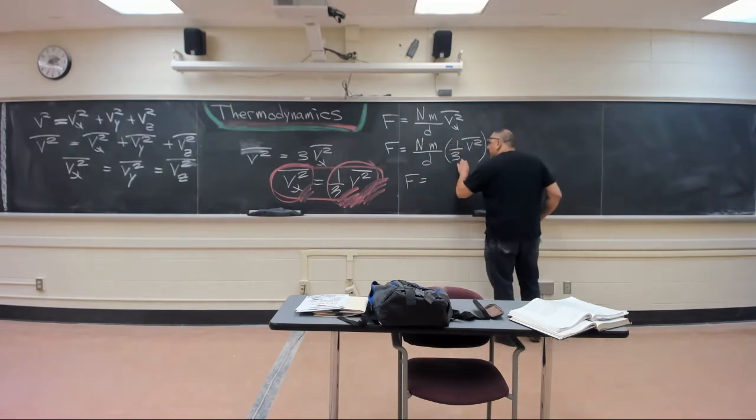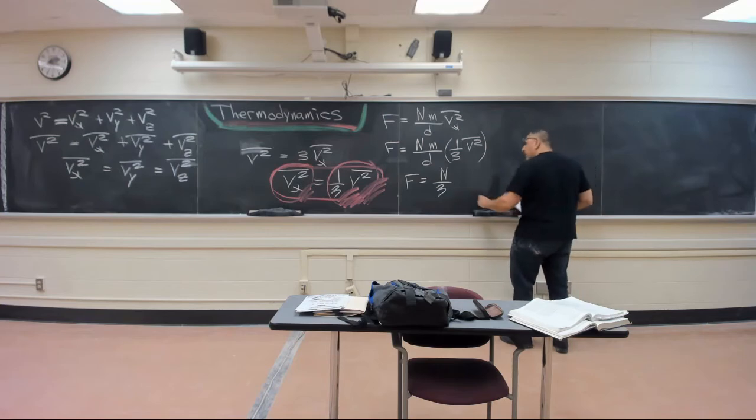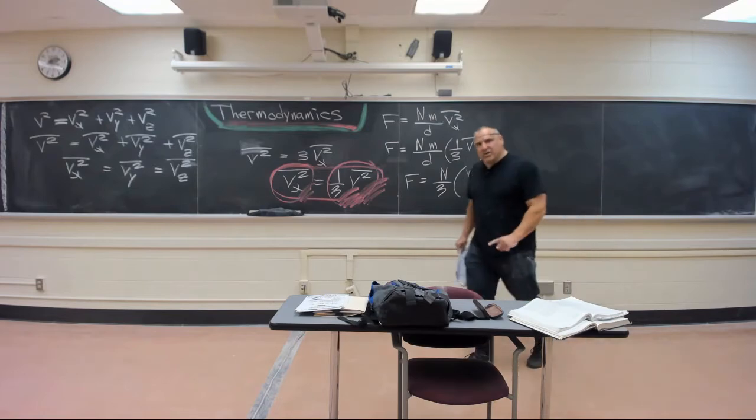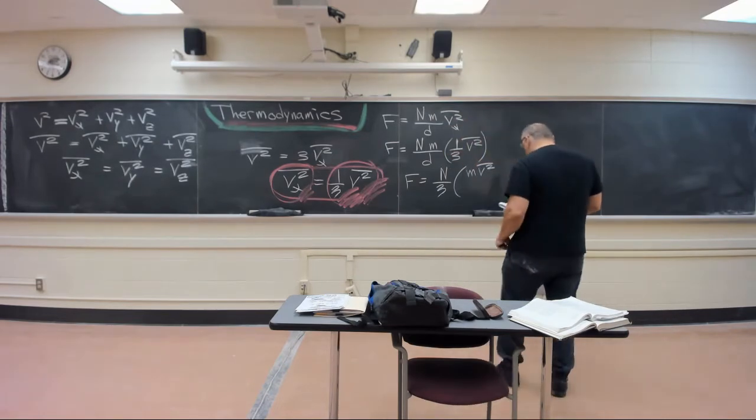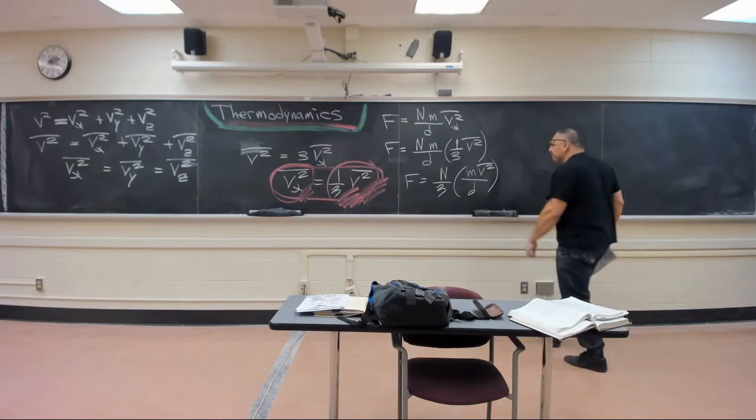You could take the 3 here, the 1/3, and let's talk about this for a little bit after we do this. Leave the m. Here's v squared. mv squared looks a lot like 1/2 mv squared, kinetic energy. Remember how temperature and kinetic energy are so closely related? We're starting to see some stuff kind of creep into this whole thing.